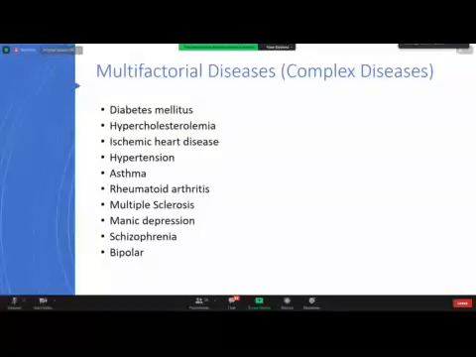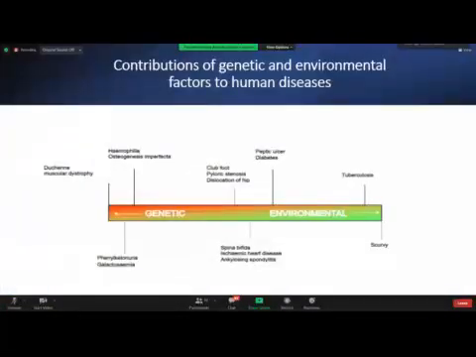We have 7,000 rare Mendelian conditions, but we have a lot of complex conditions as well, where our progress in genetic diagnosis is not as high as in rare disorders. We are going to talk about that later. For example, we have heart diseases, hypertension, asthma, neuropsychiatric disorders like bipolar and schizophrenia, diabetes, and cardiovascular disease. These all come under multifactorial or complex diseases.